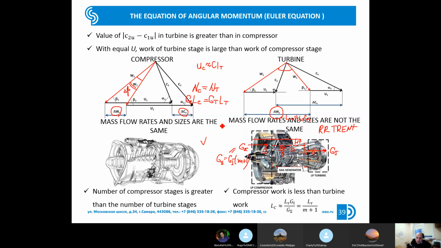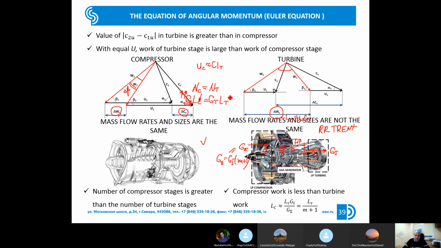Finally, in the fan we have power produced by a huge mass flow rate, a value that is usually very big, and that's why the specific work is not so big. So it's enough to use one stage or maybe 2 stages to supply the power produced by the low pressure turbine.